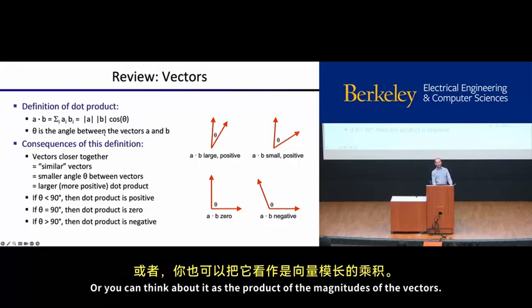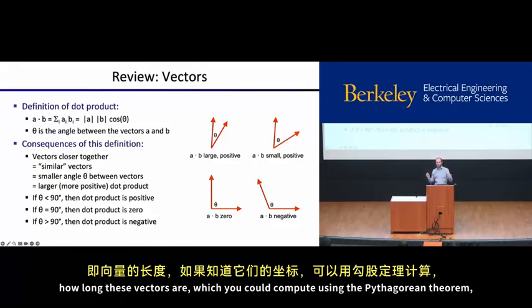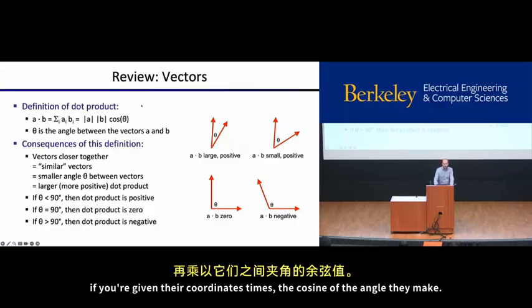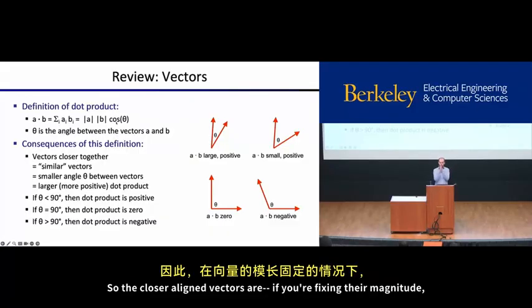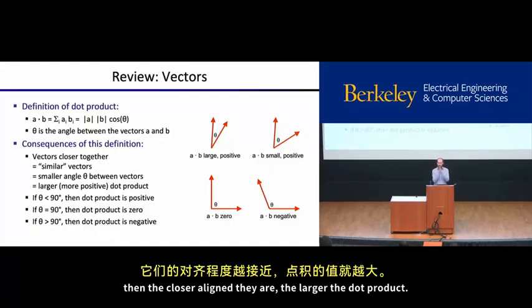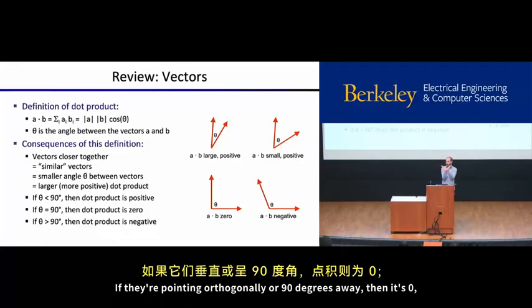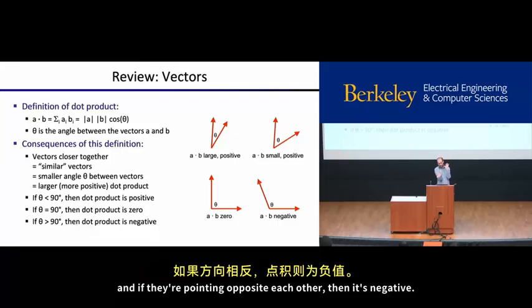Or you can think about it as the product of the magnitudes of the vectors, how long these vectors are, which you could compute using the Pythagorean theorem if you're given their coordinates, times the cosine of the angle they make. So the closer aligned vectors are, if you're fixing their magnitude, the larger the dot product. If they're pointing orthogonally, or 90 degrees away, then it's 0, and if they're pointing opposite each other, then it's negative.